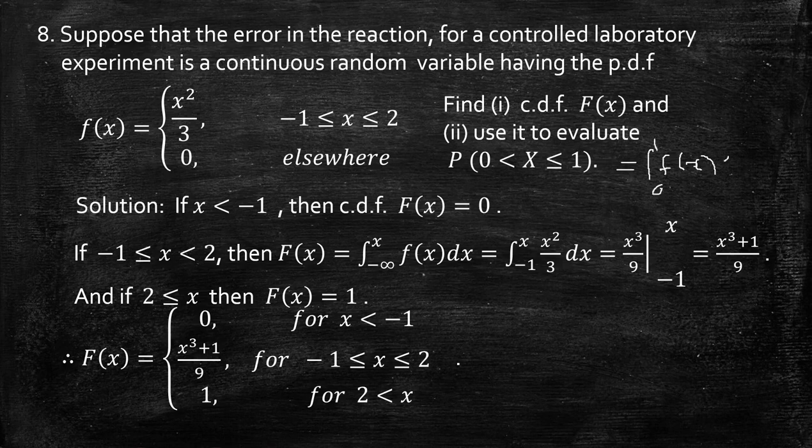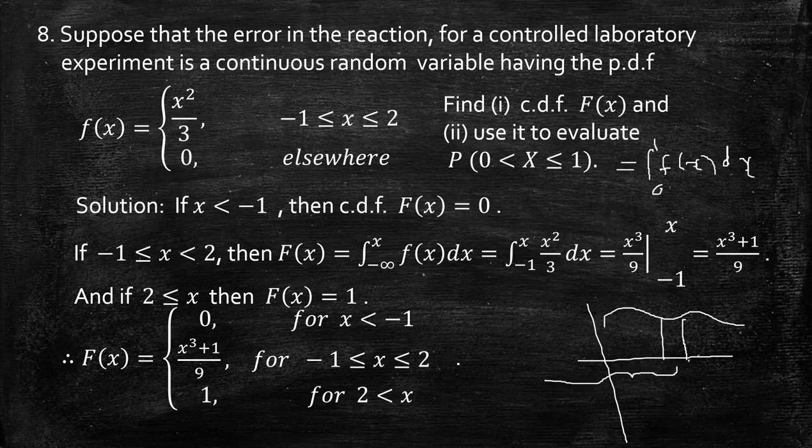That gives the area under the curve between 0 and 1. Now the area up to 1, that is from minus infinity up to 1, is nothing but F of 1.